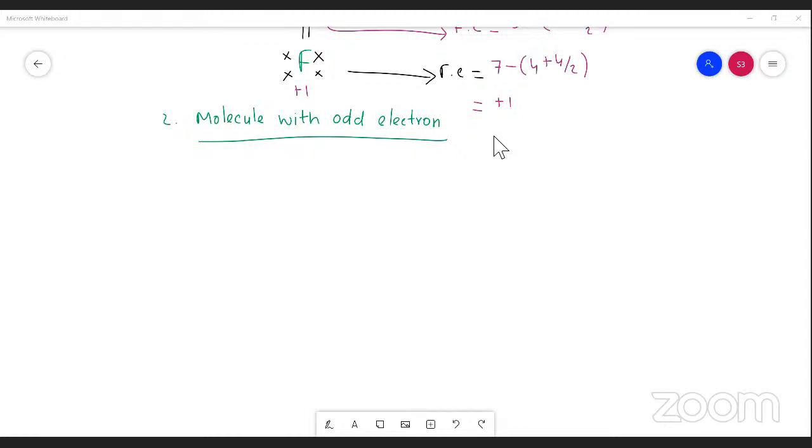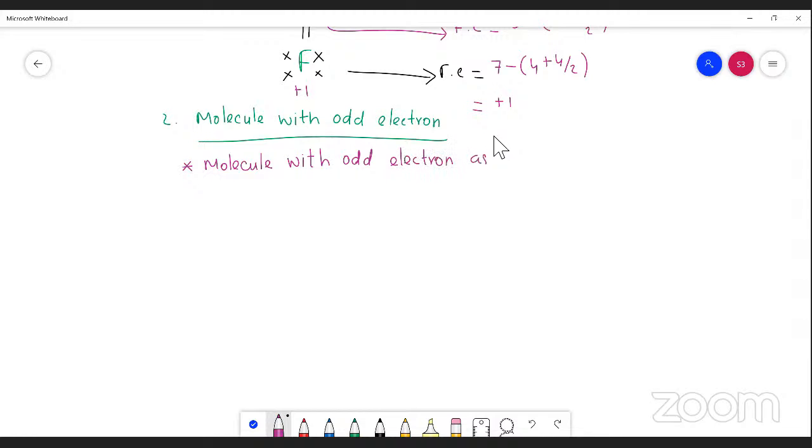Here, the molecule with the odd electron. Now we are taking the molecule where the central atom with the odd electron is stable. So a molecule with odd electron as central atom is also stable.